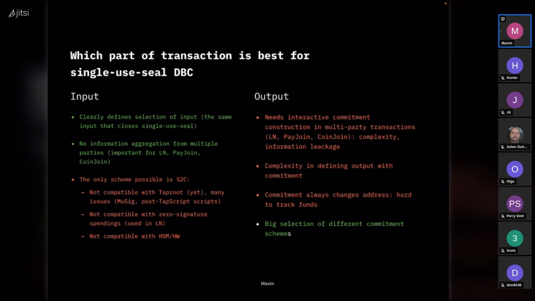If we put the commitment into the input, we can really simplify detection of which input has to contain the commitment in the case of a single-use seal, because basically the input that spends the output defined as a single-use seal should have that commitment. So it's a really simple part of the story. And you don't need to aggregate information from multiple parties if the transaction is constructed as a multi-party structure, for instance, like in Lightning Network or in the coinjoin or payjoin protocols, because each input comes from a single party.